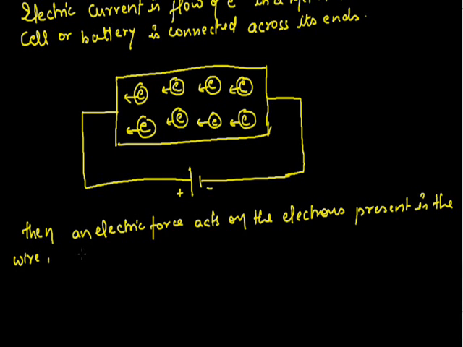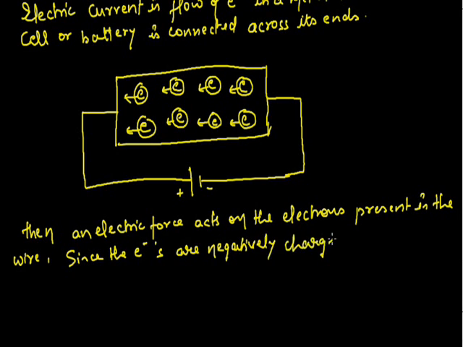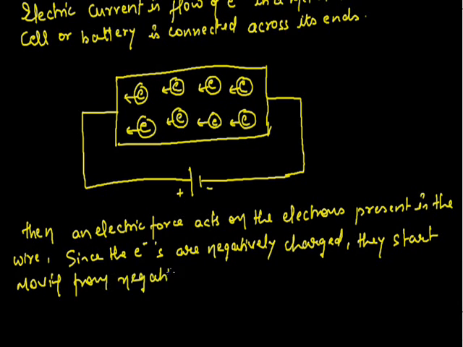Since the electrons are negatively charged, they start moving from the negative end to the positive end of the wire.